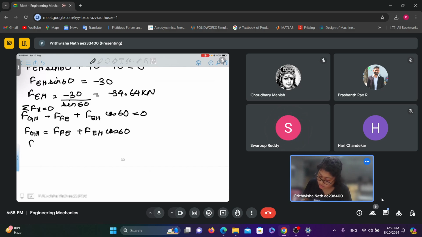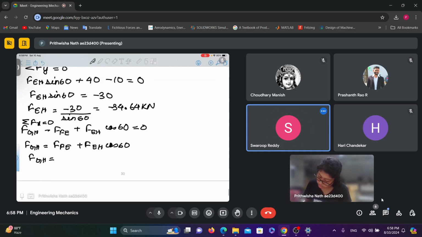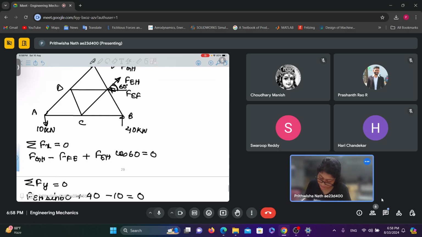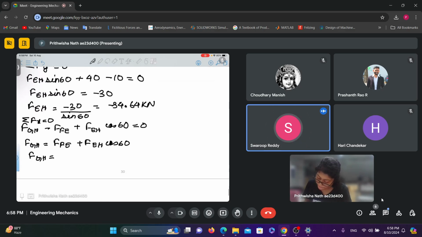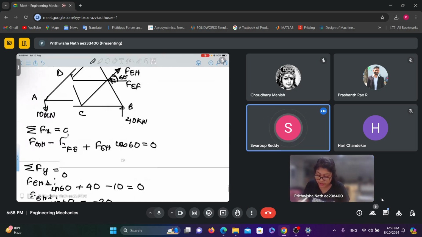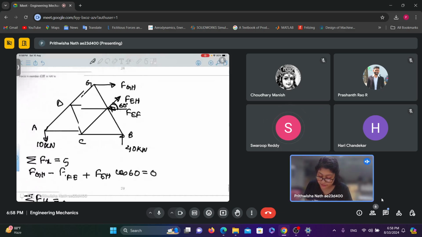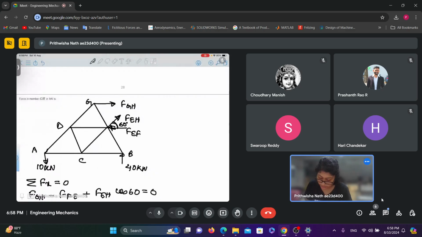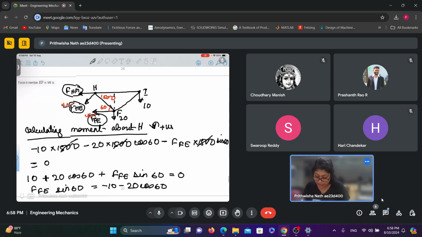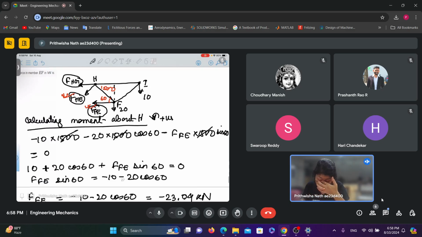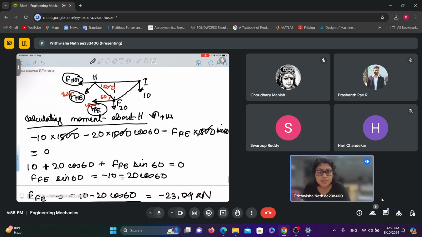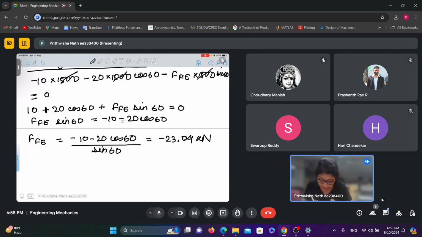So FGH equals, what was it? Minus 23.09. Here I won't write the minus because I have already reversed the sign. When I was assuming it was in tension for the other half of the truss, it came out minus, right?